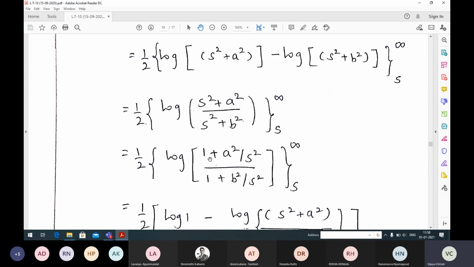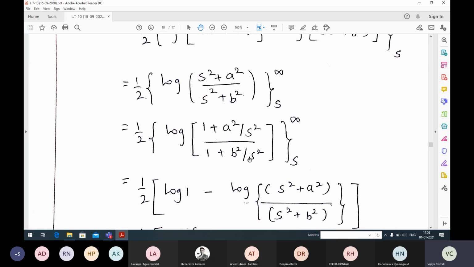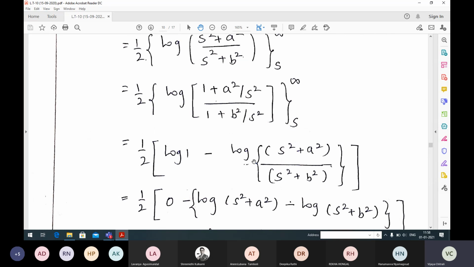Limits vary from s to infinity. Now substitute upper limit to this. In place of s, you substitute infinity. So 1 by 2 will be as it is. Substituting infinity in place of s, you'll get log 1 minus, substituting s only, log s square plus a square divided by s square plus b square.